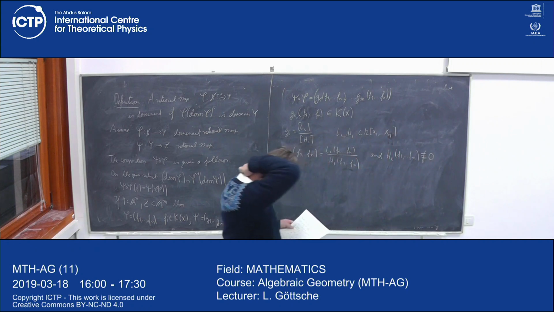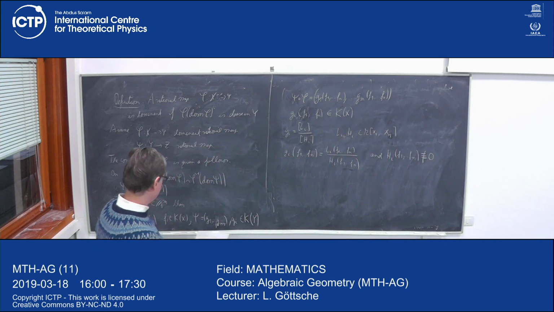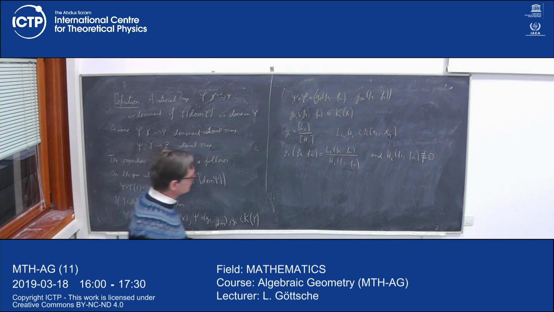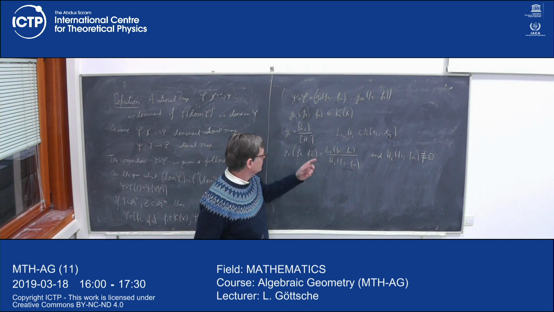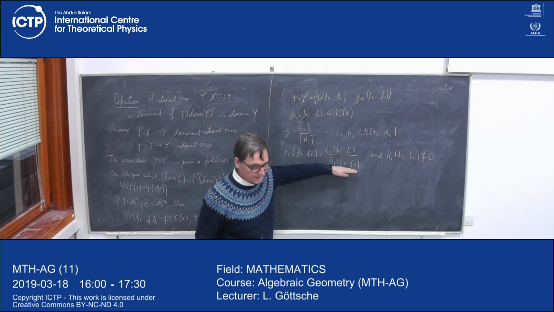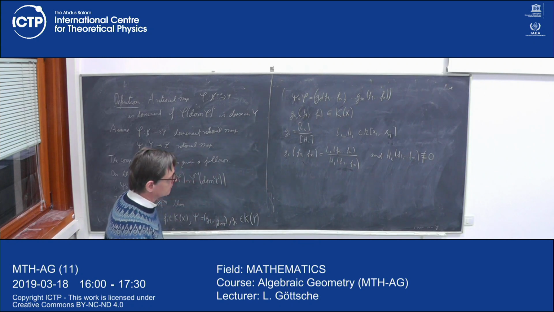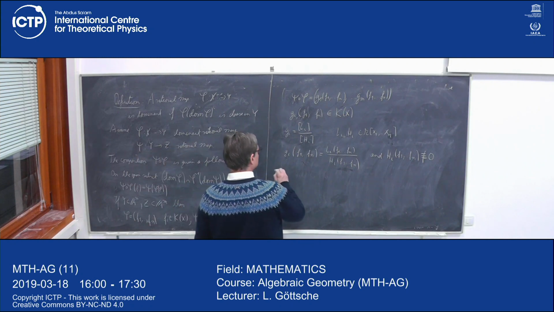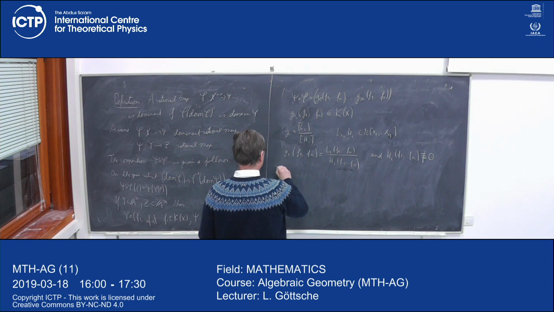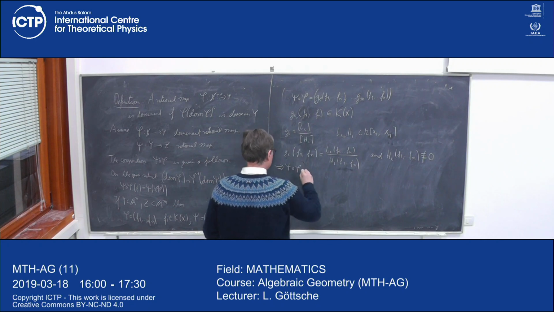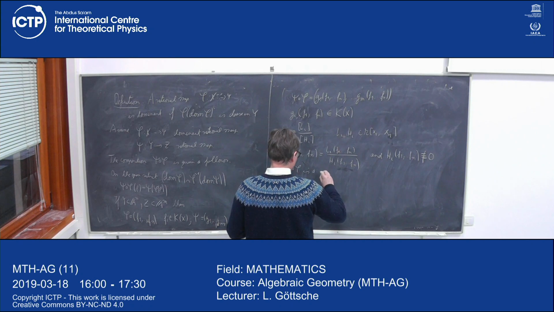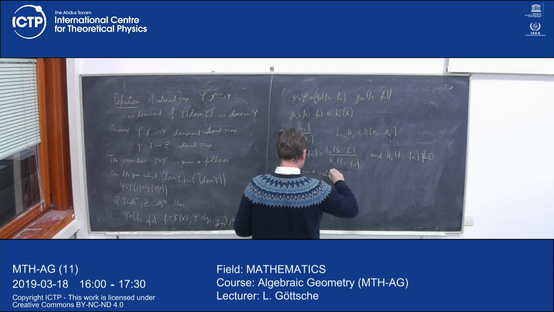It's not 0 because the domain of the Gi intersecting with the image is non-empty, so this cannot be everywhere 0. Okay, so that's the Gi. Therefore, psi composed with phi is a rational map.